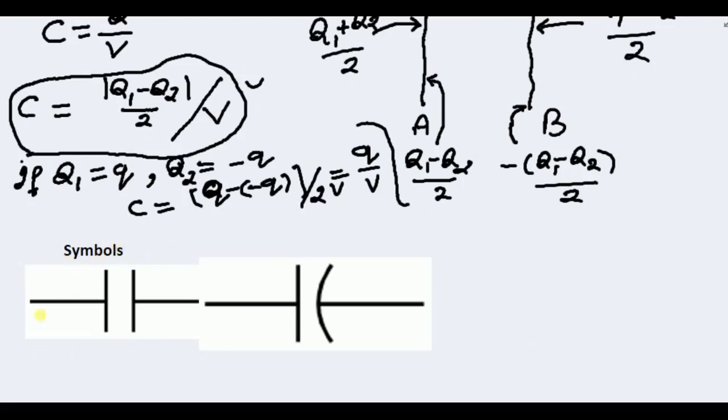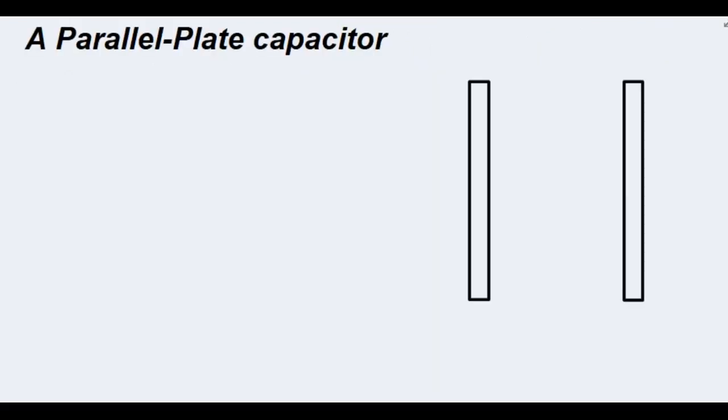Here are capacitor symbols. For capacitors, a parallel plate capacitor. Suppose A and B are two parallel plates of a capacitor.